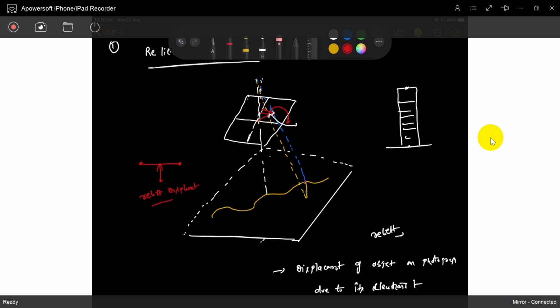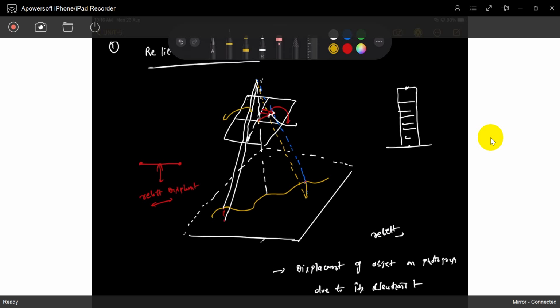Here also, if some ground elevation is there, a very small relief displacement is captured.